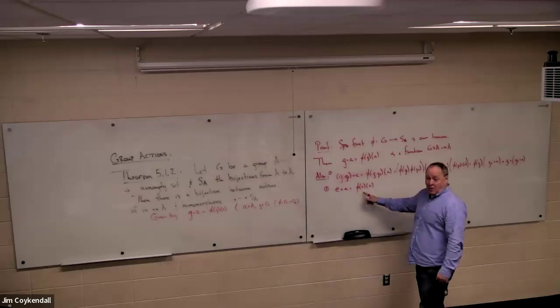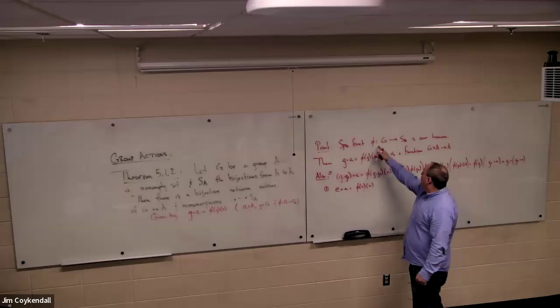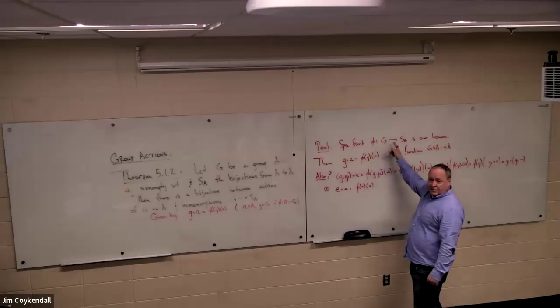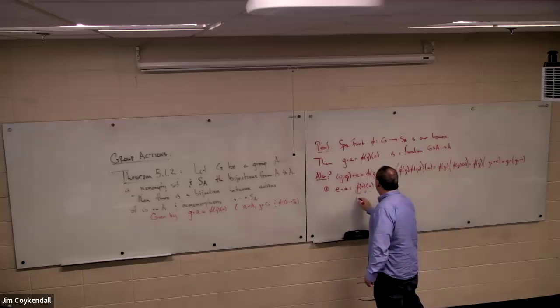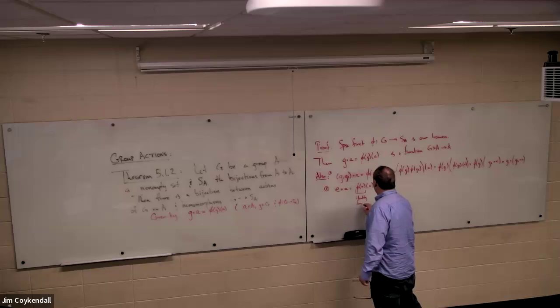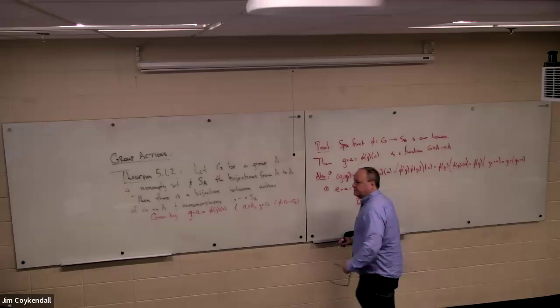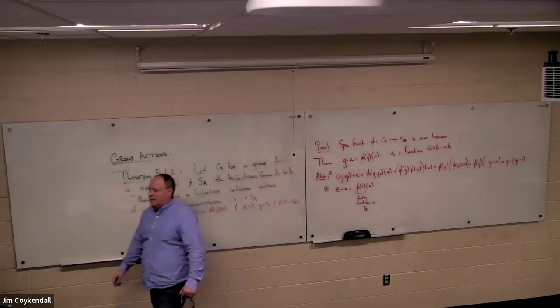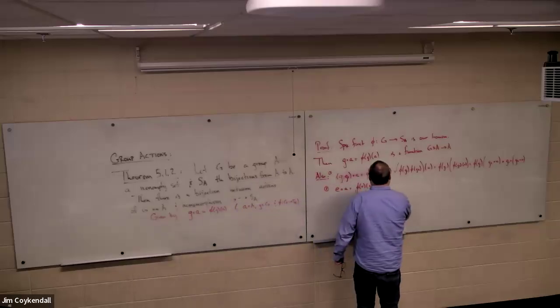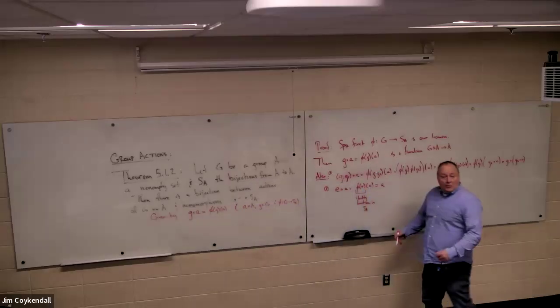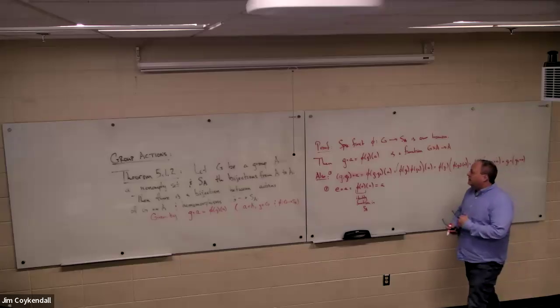But phi is a homomorphism, so it takes the identity to the identity. So this has to be the identity function in S_A. And the identity function takes everything to itself. So that's a. So this is a bona fide action.